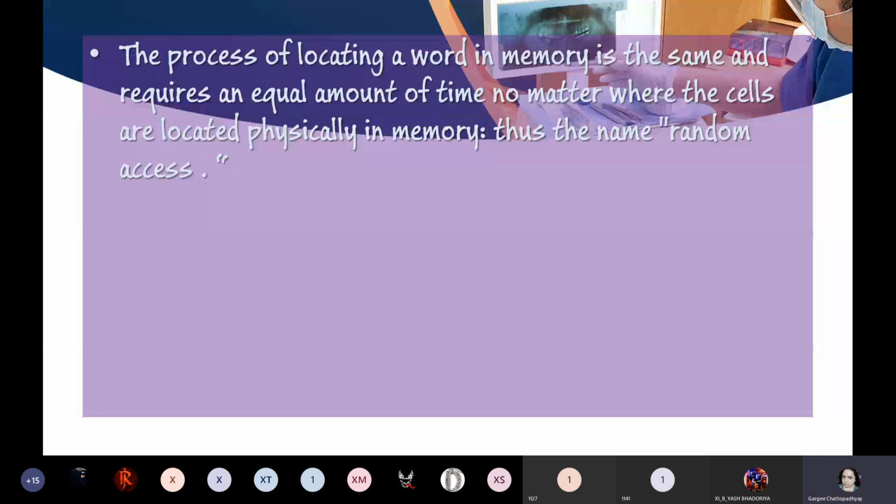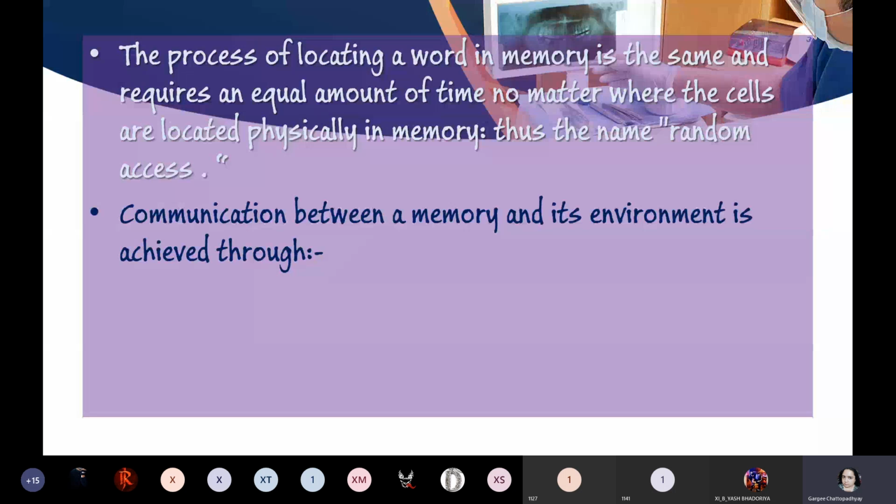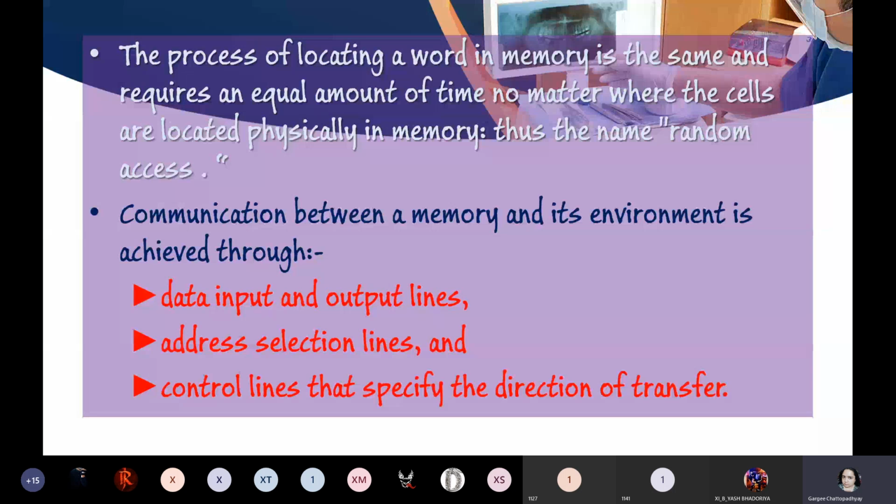The process of locating a word in memory is the same and requires an equal amount of time no matter where the cells are located physically in the memory, thus the name random access. Communication between a memory and its environment is achieved through data input and output lines, address selection lines, and control lines that specify the direction of transfer.